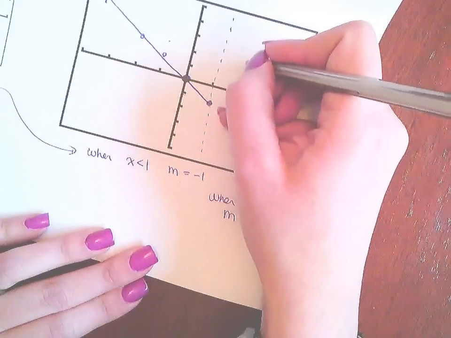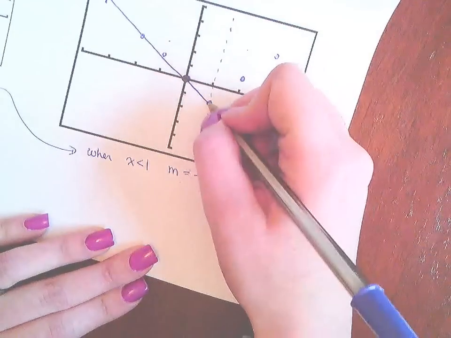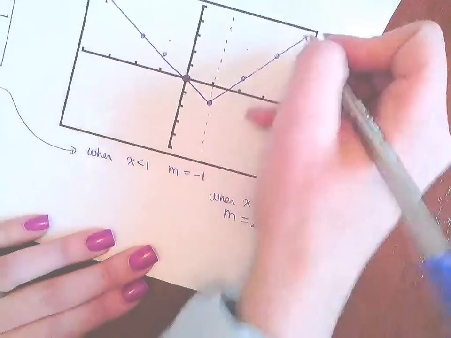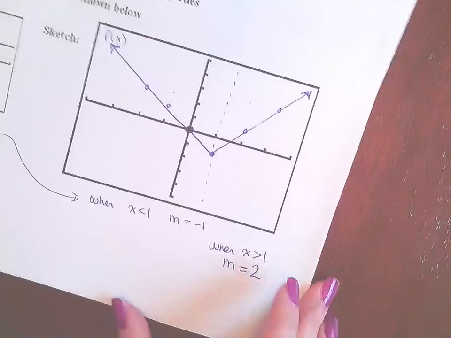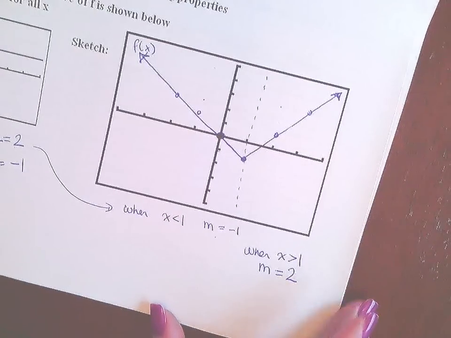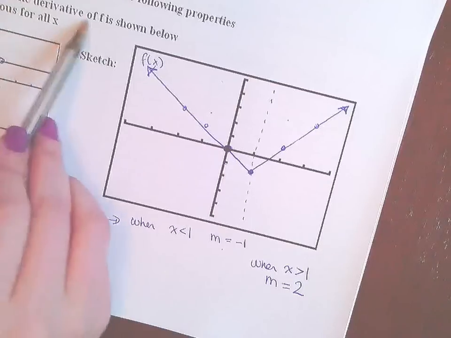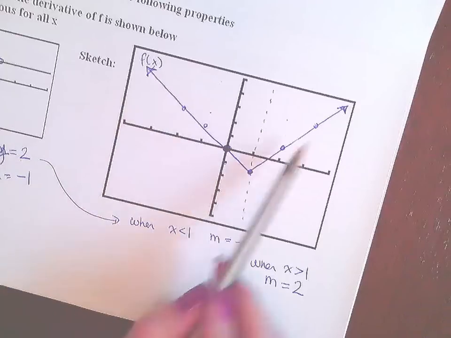I'm going to rise 2, run 1. And because I know it's constant forever, I can kind of make my little graph. Okay? And the graph of the derivative is shown, and then is f continuous on all of x? Yes, it is.